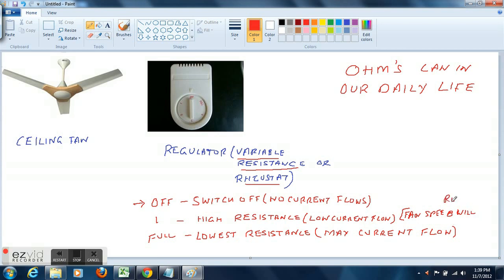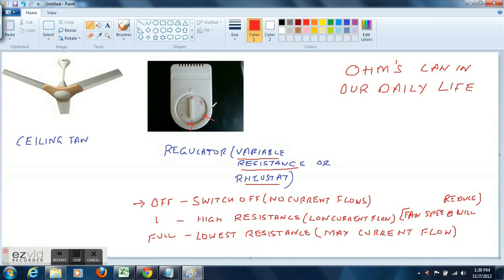Here the resistance is slightly lower than in point 1, therefore the fan speed will increase a little bit more. At point number 3, the resistance is even lower, so the speed of the fan will be higher. And when it comes to the position called full, it has the lowest resistance, and the fan will rotate at the highest speed.